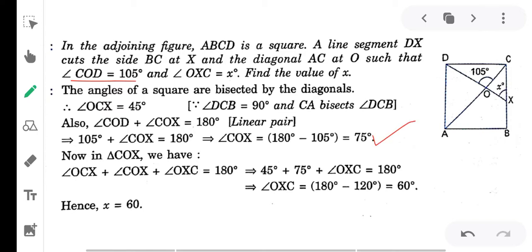Clear? So this angle is 75 degrees and this one is 45 degrees.